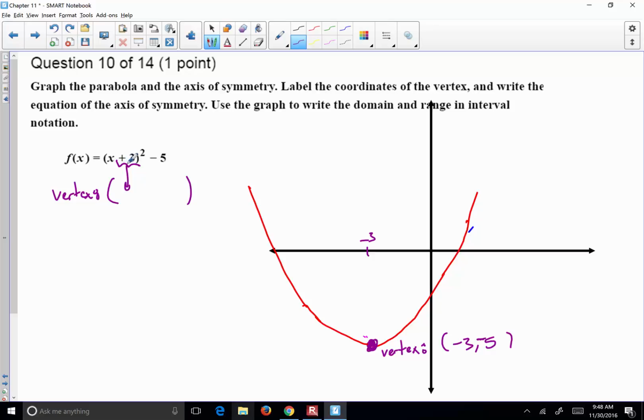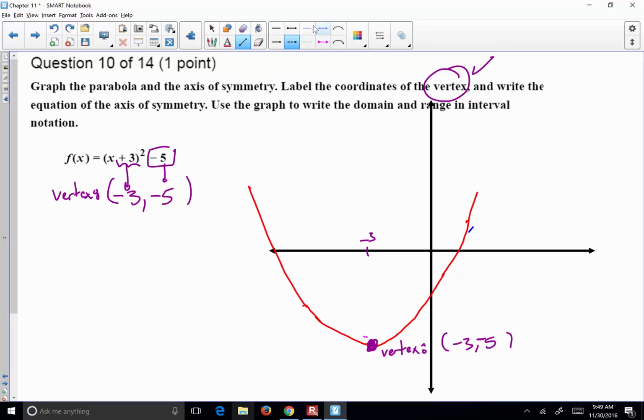What is the opposite of +3? -3. And you take this one as it is, because -5 is down 5 directly. It's not opposite. You don't need the picture to find the location of the vertex, the seed. All you need is these 2 numbers. +3, you flip it to -3, and -5, take it as -5. You found the vertex.